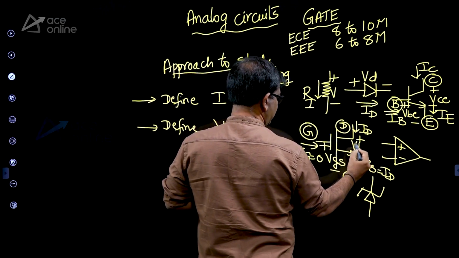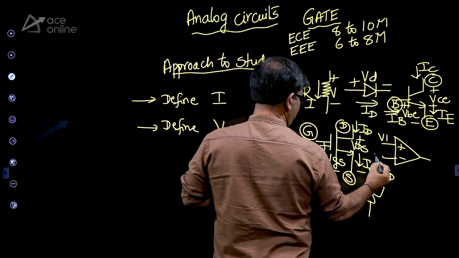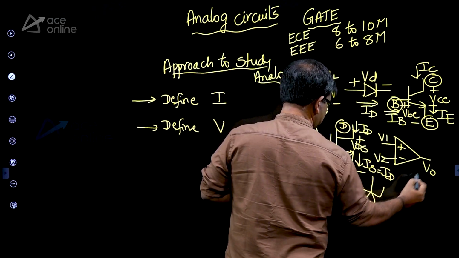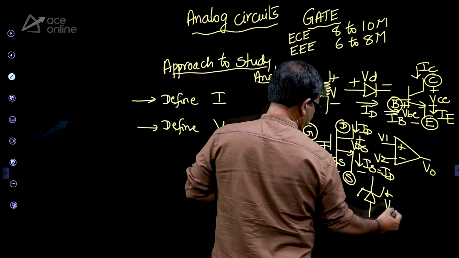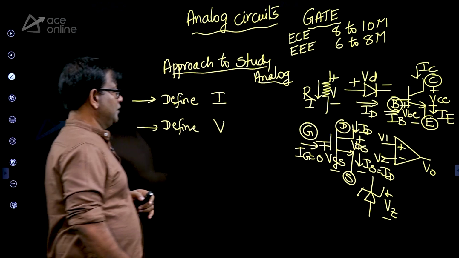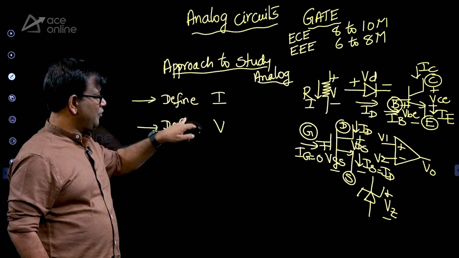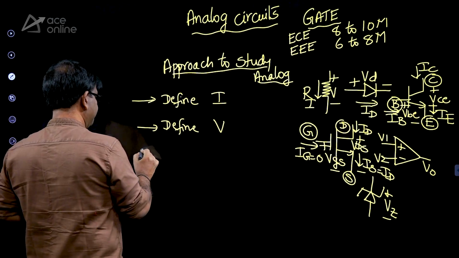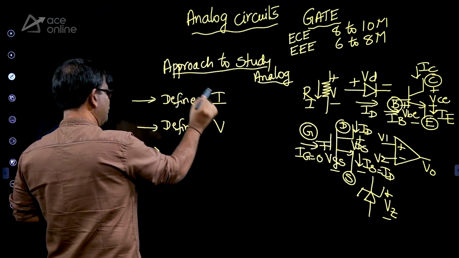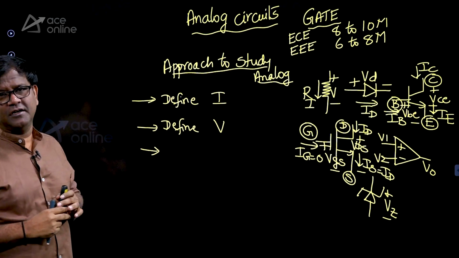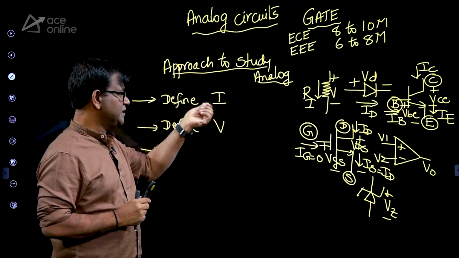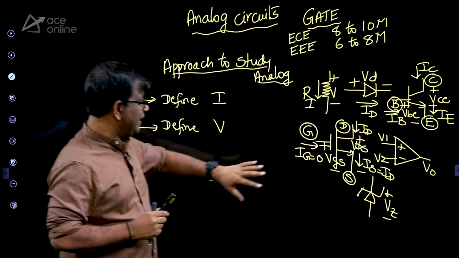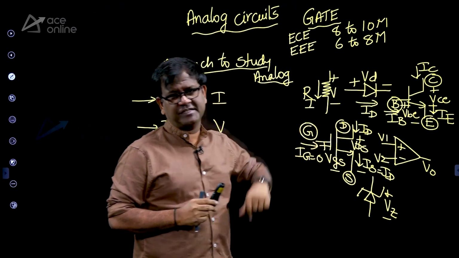So this is VDS. So you can have V1, V2, V0 like this. You can have some V or VZ. So you can allot a unique value of voltage and a unique value of current. And by allotting a unique value of current, the good thing about this is you will neglect the interaction that is happening inside the device.